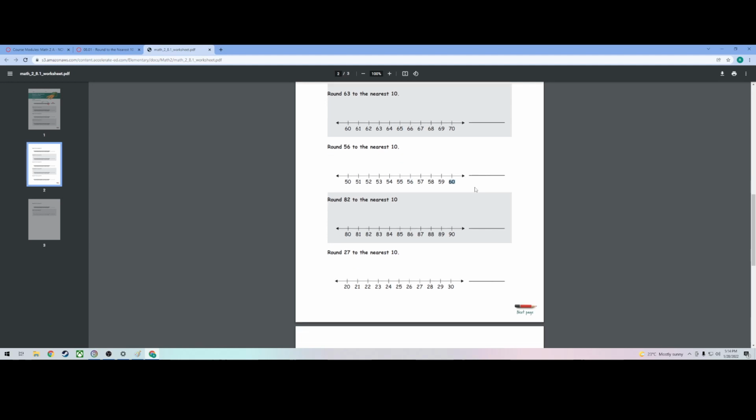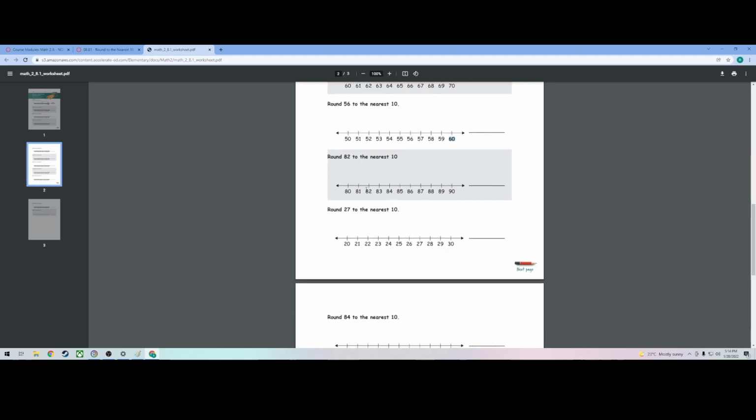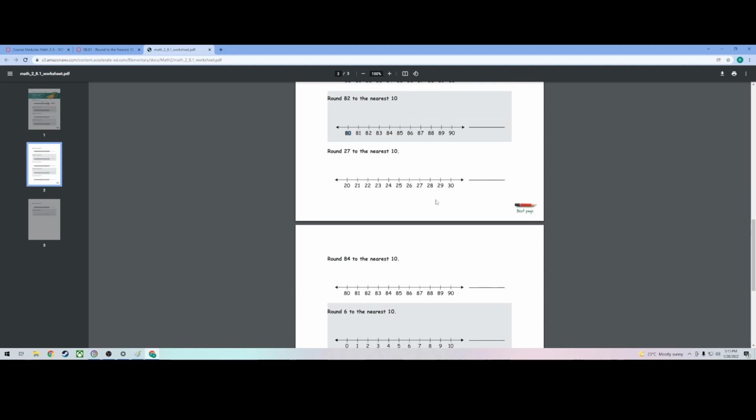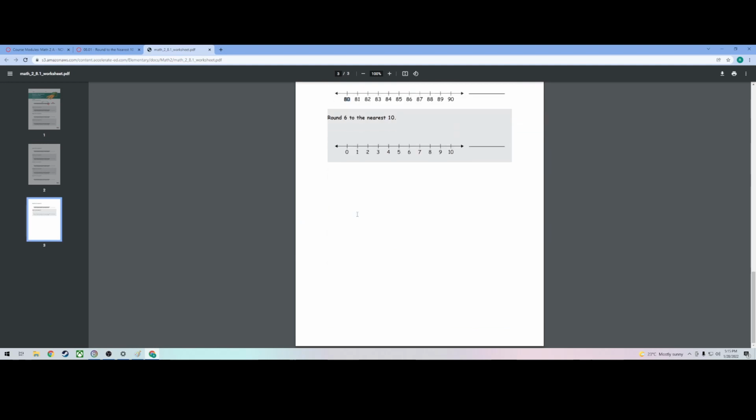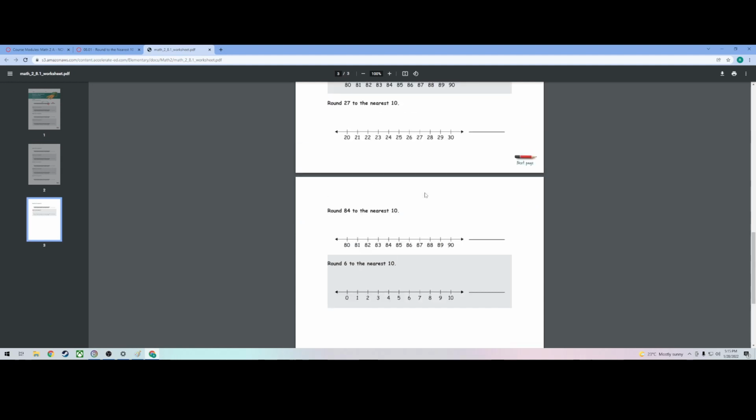So rounding it to 60. 82. Here, nearest 10. 80 or 90? It is 80. 27. Here, again, nearest 10 is 30. 84. Here, nearest 10 is 80. Round 6 to the nearest 10. 6, where is the nearest 10? It is 10. Okay?